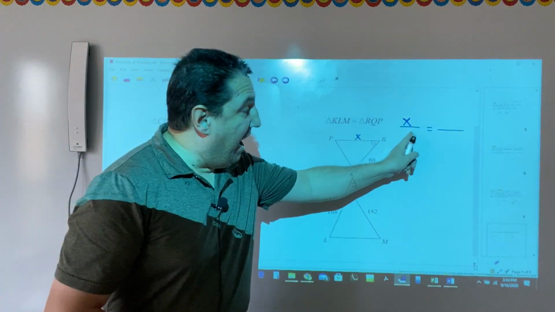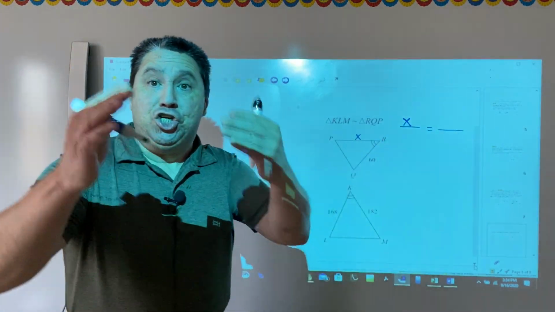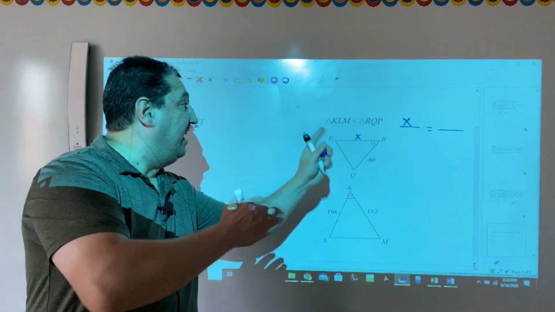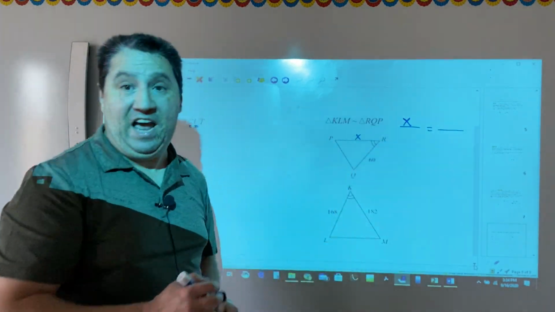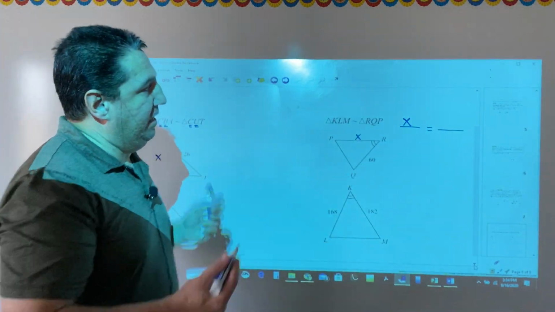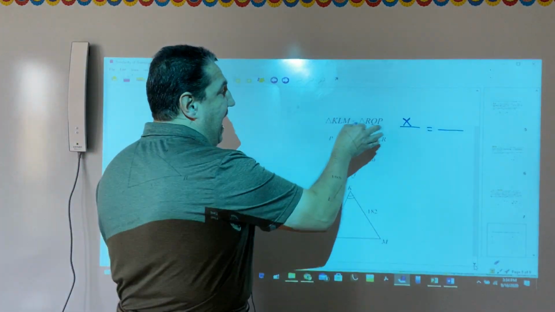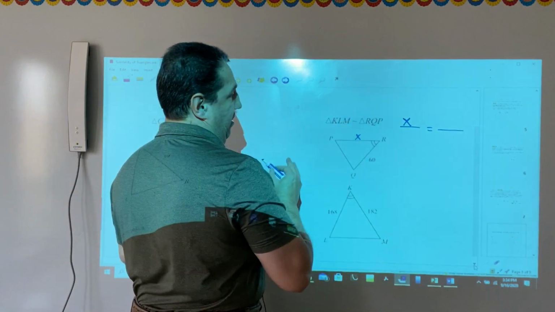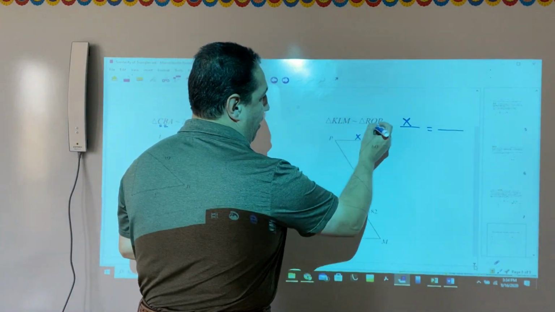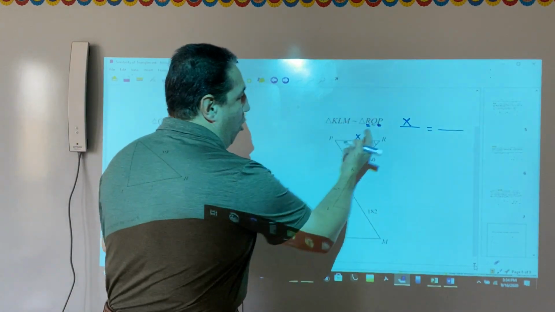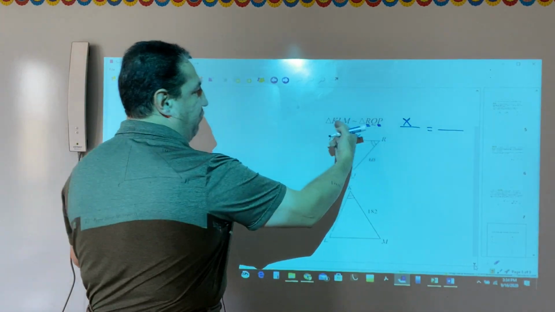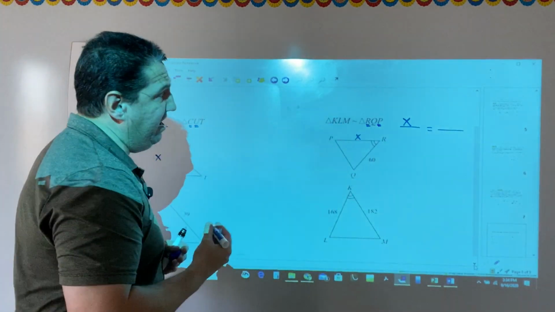Now, in the bottom of the fraction should be the corresponding side for PR in the other triangle. We identify the corresponding side by looking at the names of the triangle. So, we have P and R. What are the corresponding letters for P and R in the other triangle?